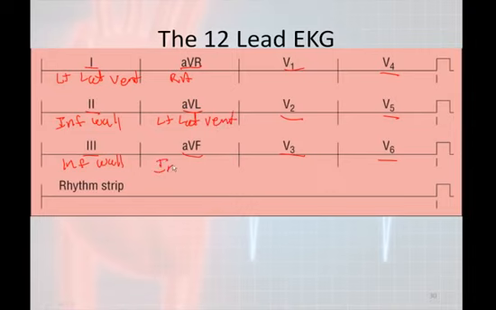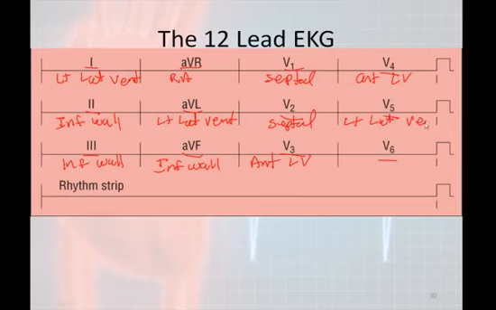AVF looks at the inferior wall. V1 and V2 are septum or septal leads. V3 is the anterior left ventricle. V4 is also the anterior left ventricle. V5 and V6 are the left lateral ventricle.